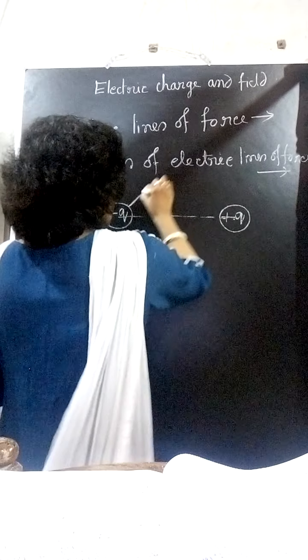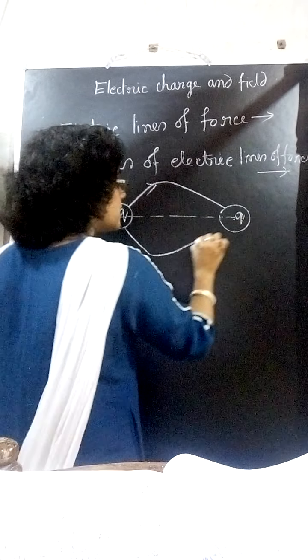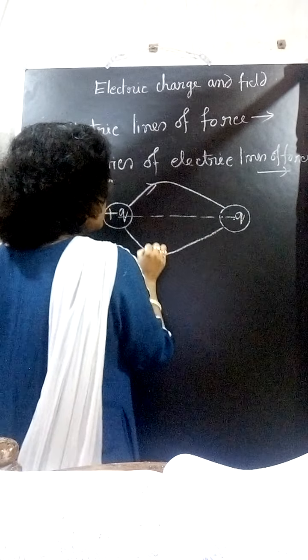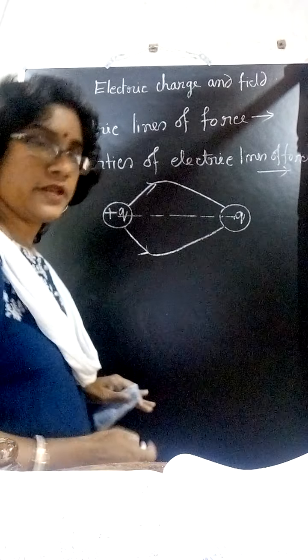That is, if from plus Q, the line joining is like that, and the lines of force are coming out like that, then below the line joining, the electric lines of force will be in this direction also. That is, it is symmetrical about the line joining.